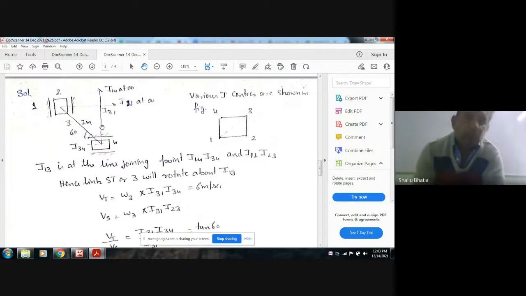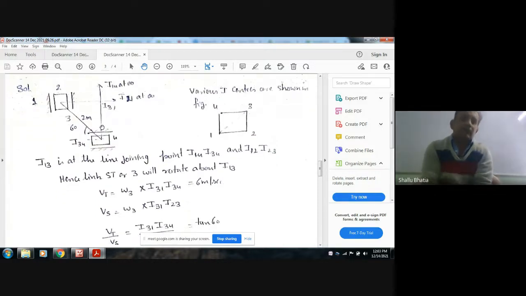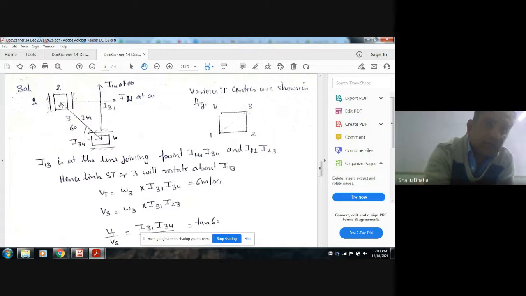Now I13 is the point about which link 3 is rotating when link 1 is fixed. So as link 1 is fixed, link 3 is rotating about this point, and on this link, this point is also there, and this point is also there.